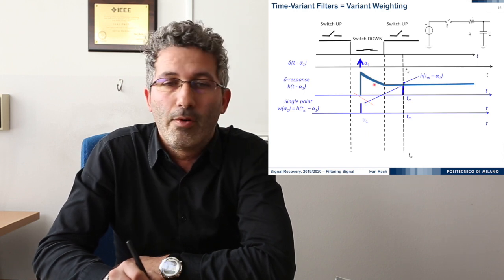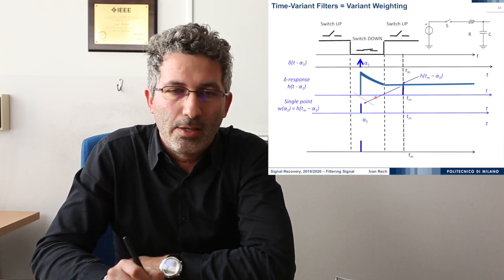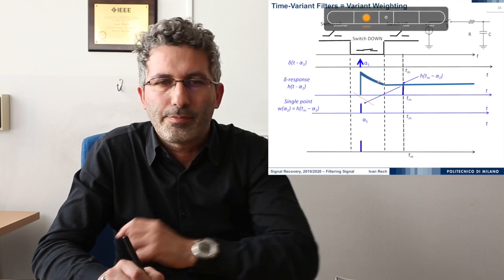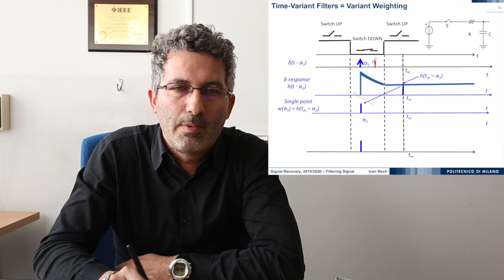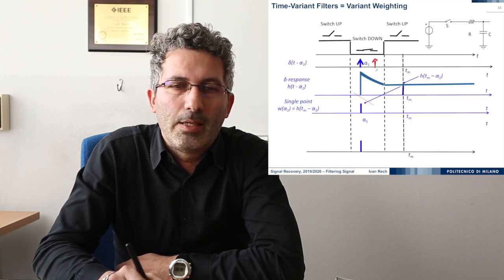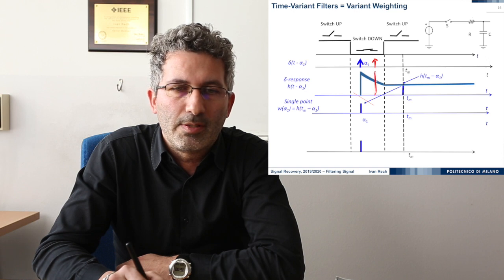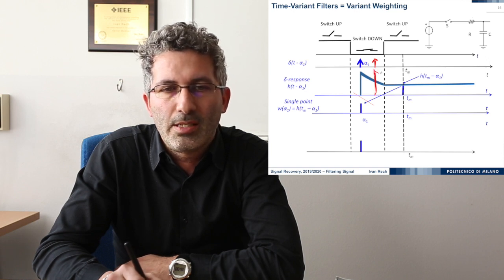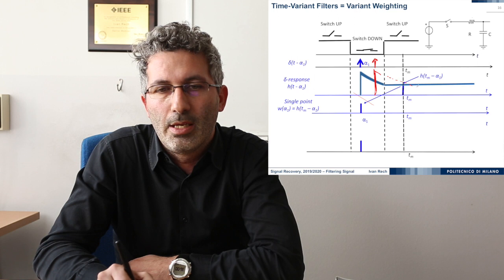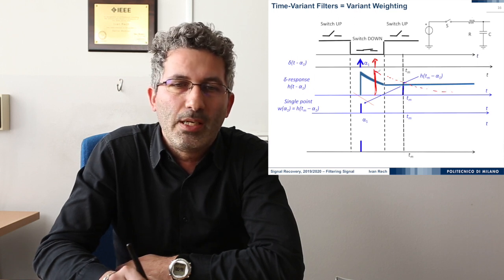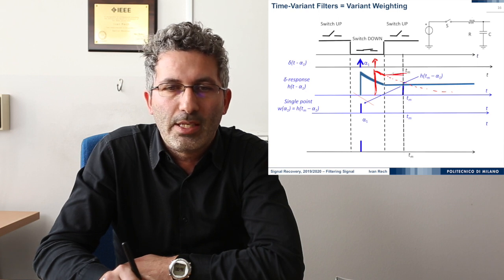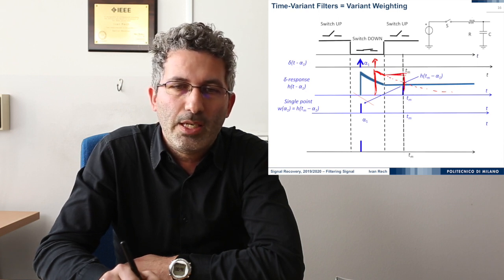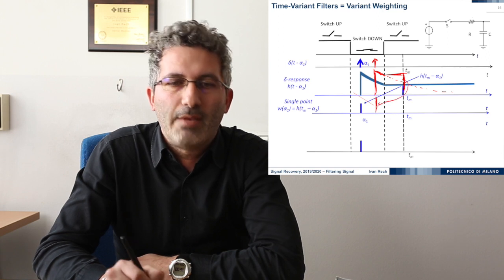The same for another value. So if I'm here, a delta here, for example, I calculate the delta response starting from here. That will be something like this. But the problem is that I'm opening the switch here, so the value has to remain constant. So I have this value here that I move to the correct position, so something like this.